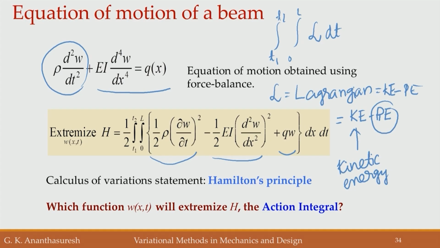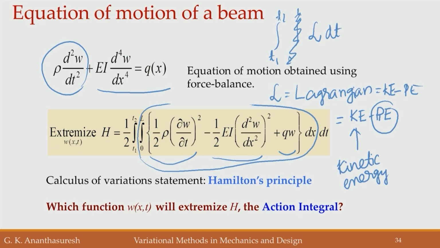So, this Lagrangian, if we take integral over space and time. L itself will have the space part of it here. In fact, I need not write this here, because L, the way we write, will already include this integral over space.